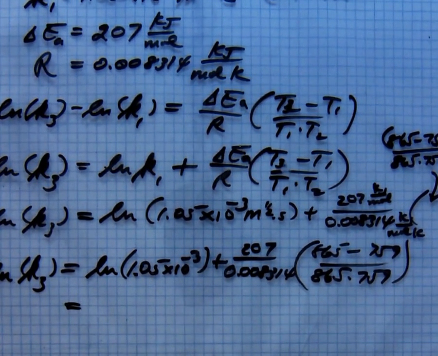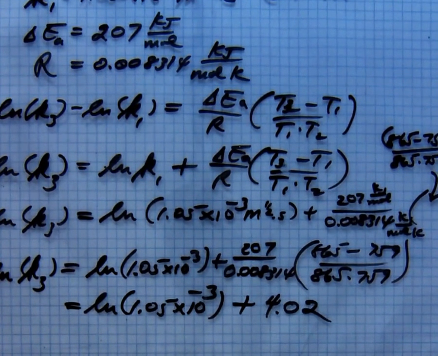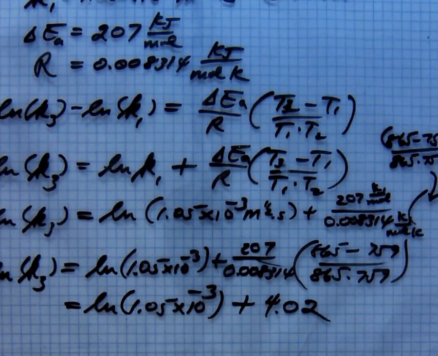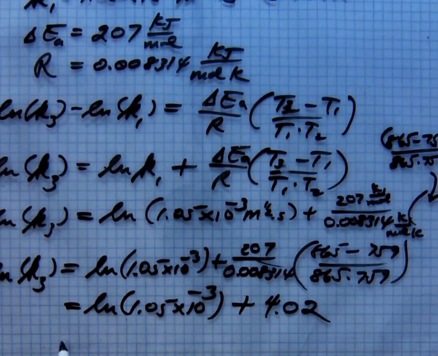So now this gives us the logarithm of 1.05 times 10 to the minus 3 plus 4.02, with simplifying that part of the equation.